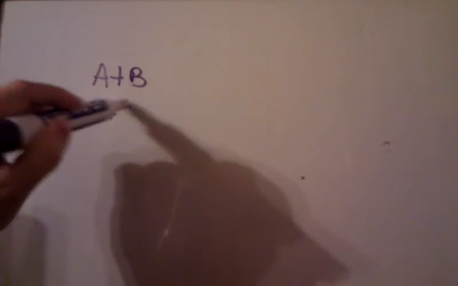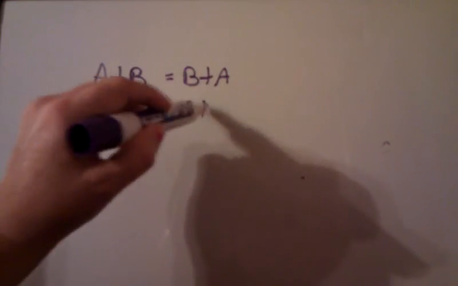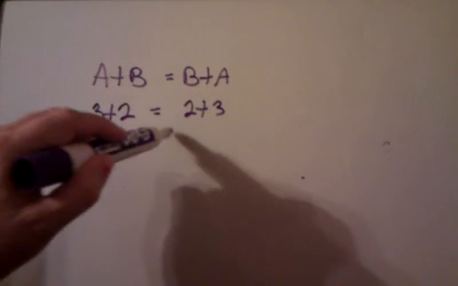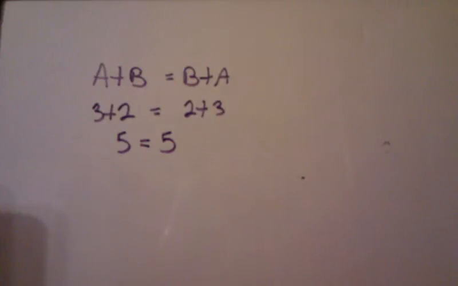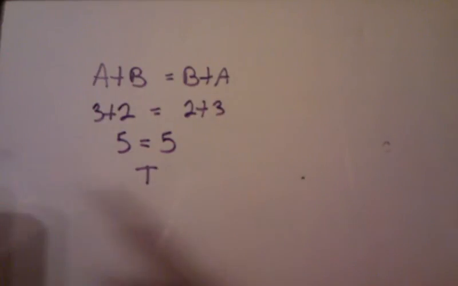Okay, for example, a plus b, let's say 3 plus 2 equals b plus a equals 2 plus 3. 3 plus 2 is 5. 2 plus 3 is 5, so that is true. Now let's put minus.